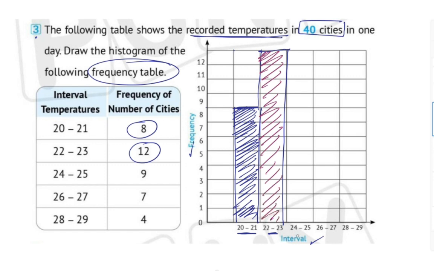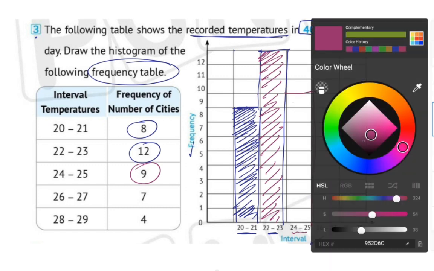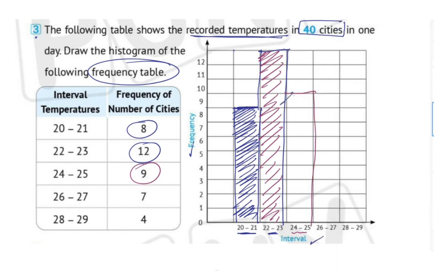Now 24, 25 has a frequency of 9. Where is 9? This is 8, 9. So 9 is here. Next interval, 26, 27, has a frequency of 7.